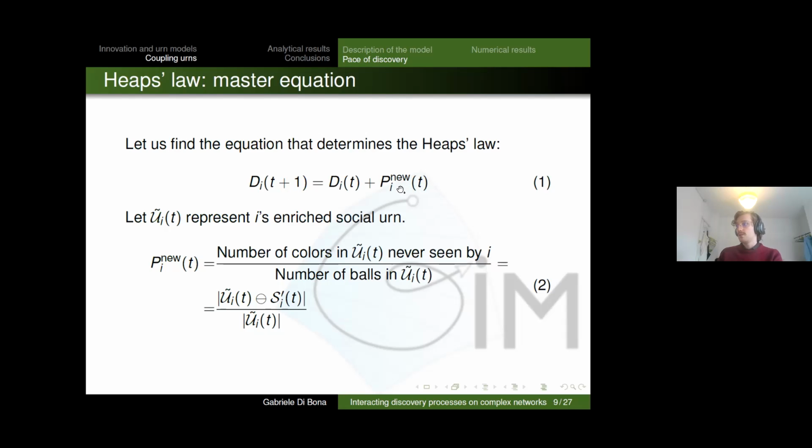That is, that you draw a new ball. It's basically the number of colors in the social enriched urn that are not seen by i, this is important, divided by the total number of balls. So we have this little formula here that represents what I've just written, basically the same thing, where S is the sequence.